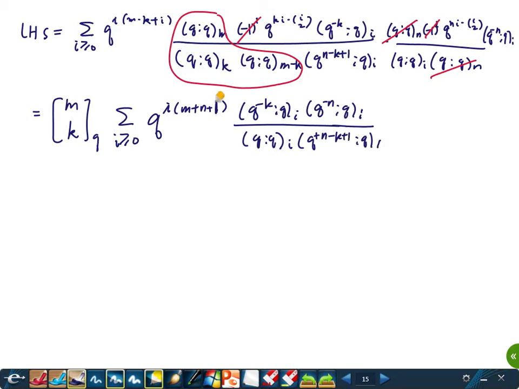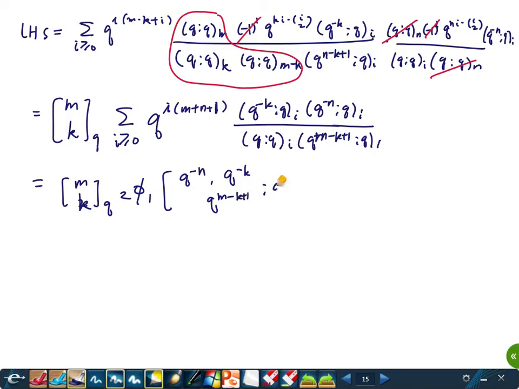So this is z. So this z is q to the n plus 1. So this is what? This is q hypergeometric series 2 phi 1. We have this q to the minus n minus k m. Oh, this is m minus k plus 1 q to the here m plus n plus 1. If you see, this is equal to this divided by this and this. Do you see that?